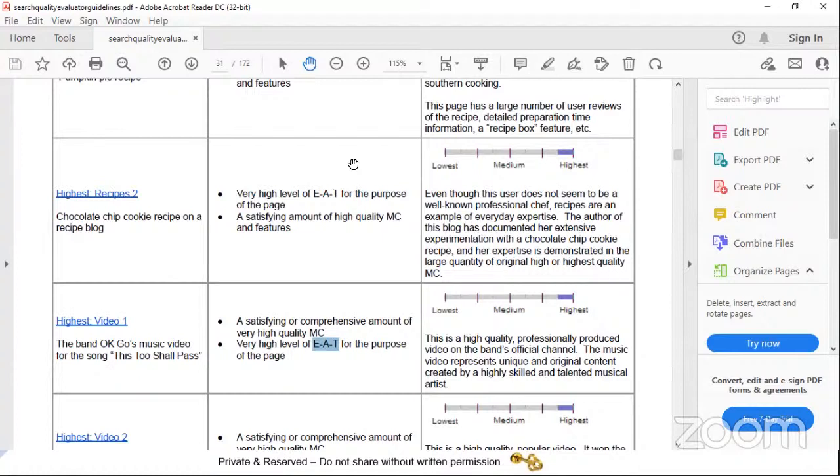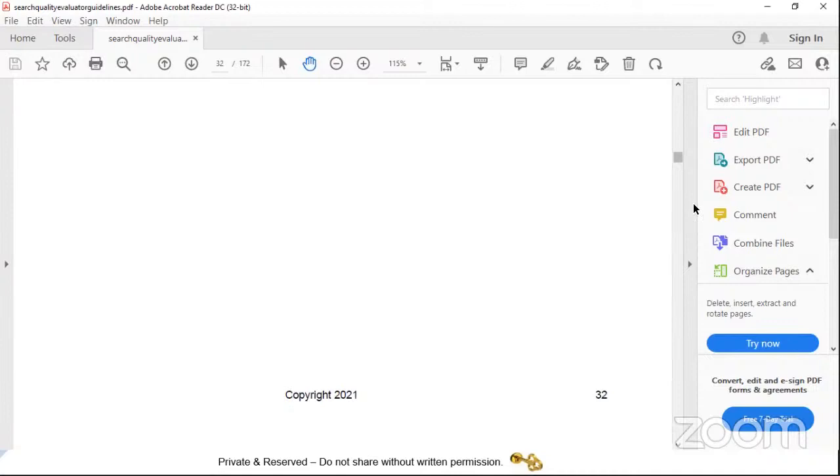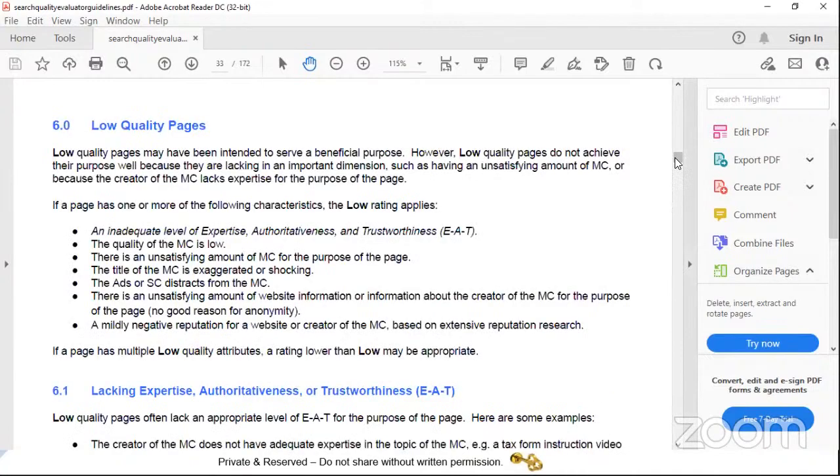For that, the author should have extensive experimentation with that recipe, and then they should have high quality original content posted, and then people recognizing them. Then only they can get into the highest categories. So when all these are met, then those will be whitewashed and you will get a lot of higher rankings.